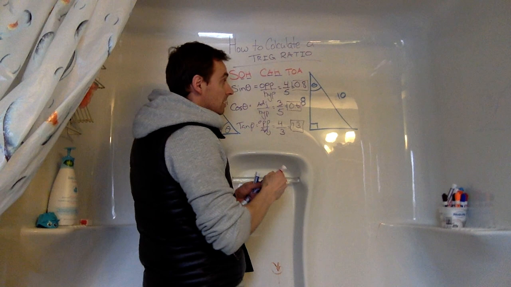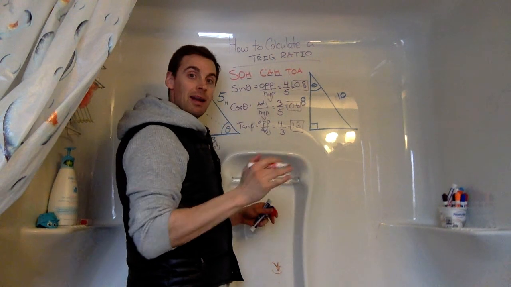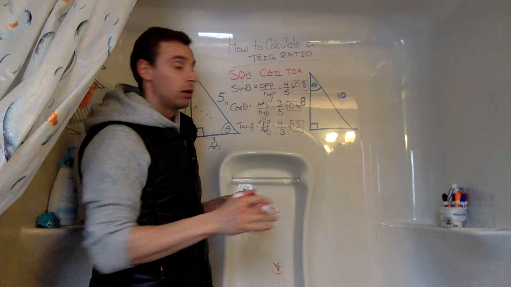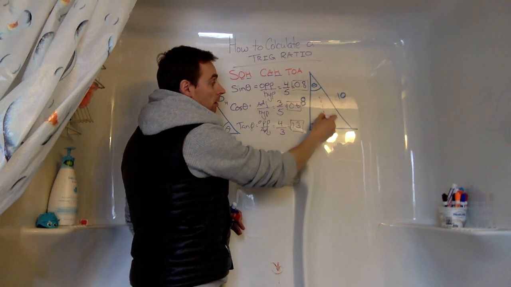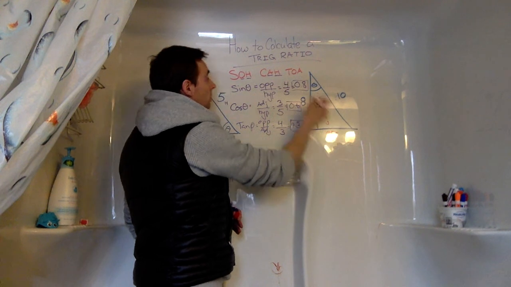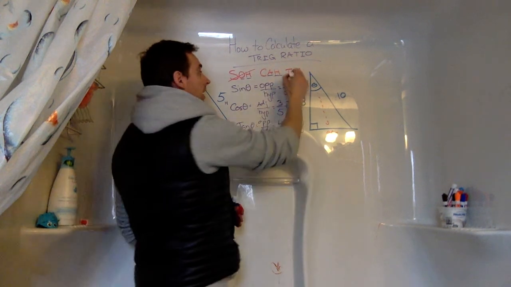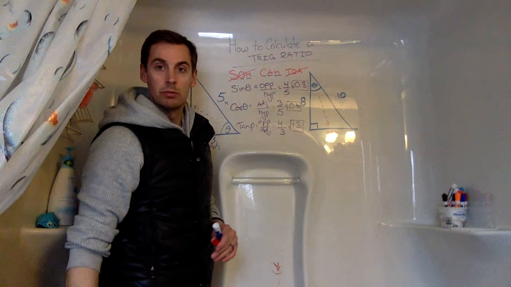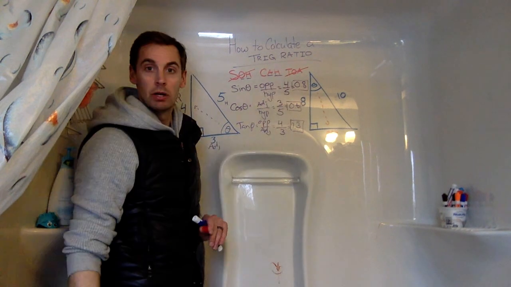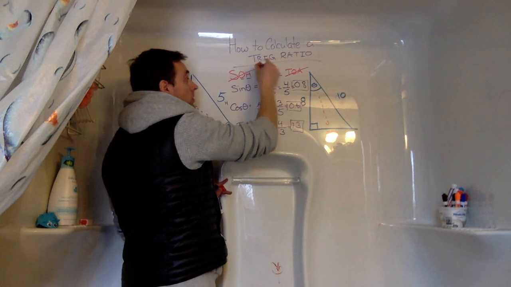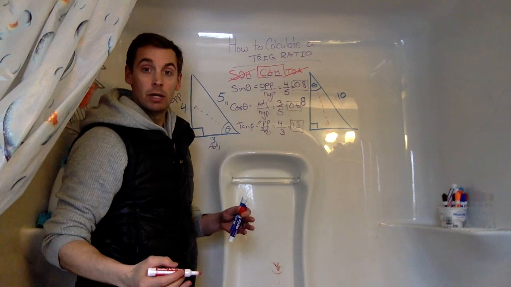But because this value is unknown, it's blank, I'm unable to use any of my ratios that involve the opposite side, which means sine cannot be used and tan cannot be used, because I need to have both of these values in order to create that ratio. So as a result, I'm forced to use my cosine ratio.